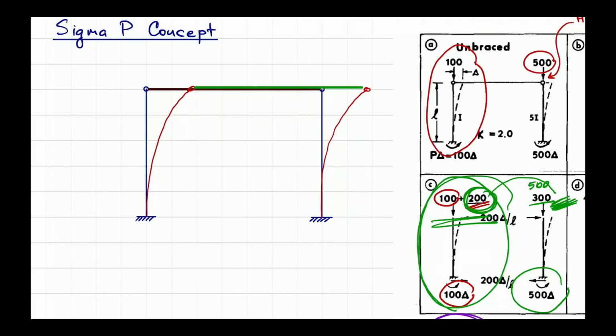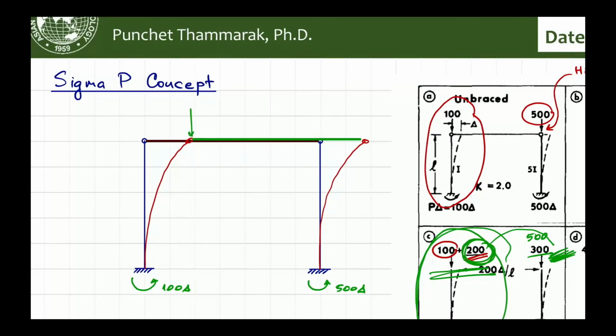As you have 100 delta and 500 delta, it is possible for you to add 100 with something, and this side here you can have 300, okay, which is less than 500.